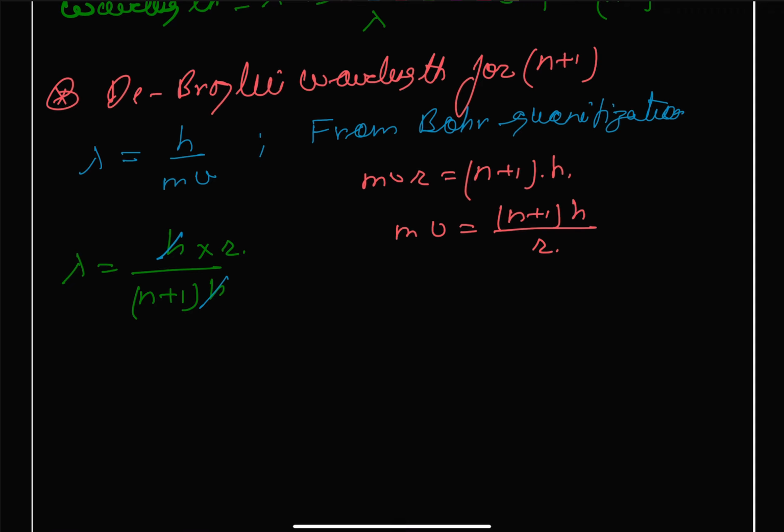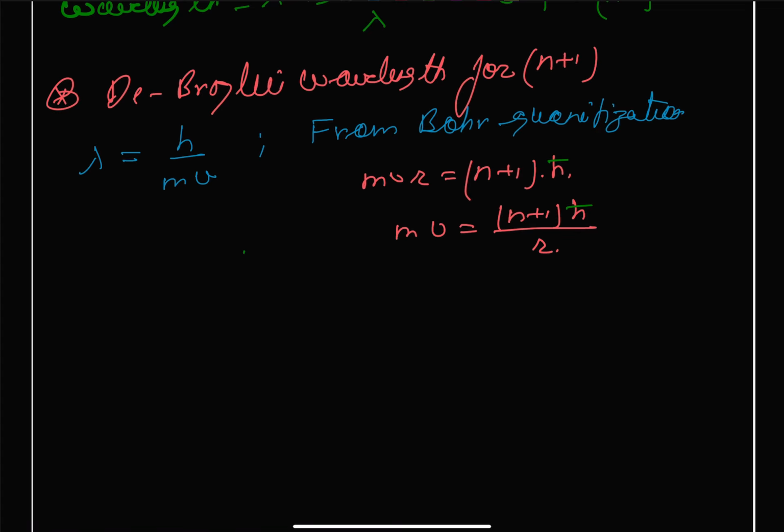From Bohr quantization we can write this as MVR is equal to n plus 1 multiplied by h bar, and this also becomes h bar.